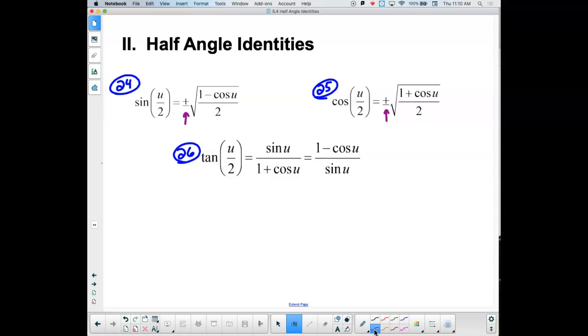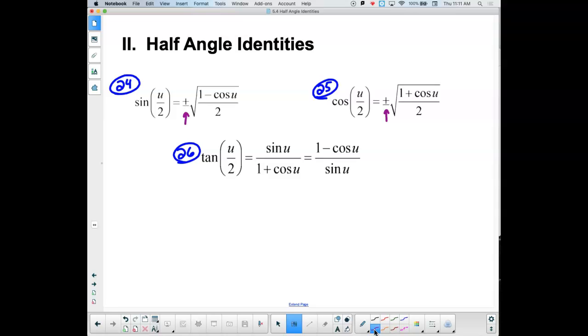So for instance, I'm going to come over here to our unit circle on the window. If I am dealing with the cosine of 105 degrees, that would be right here. I could say, well, 105 is half of 210, and 210 is now on my unit circle. So that's why I'm choosing 105.